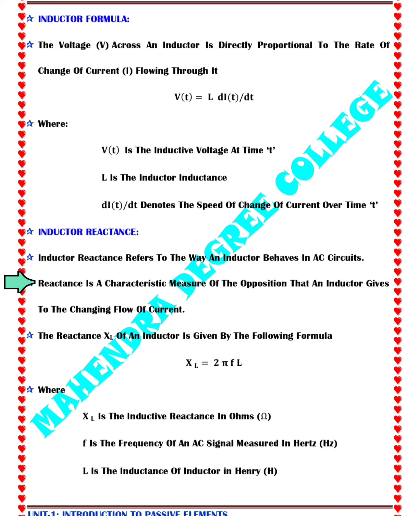Inductors do not resist constant current like in direct current, but they do resist changing current like in alternating current. The faster the current changes, that is, the higher the frequency, the greater the opposition.